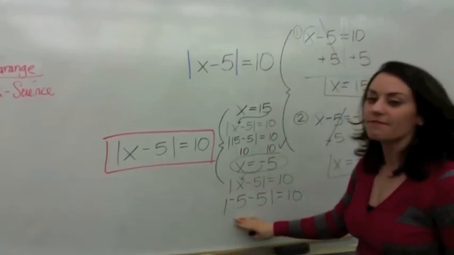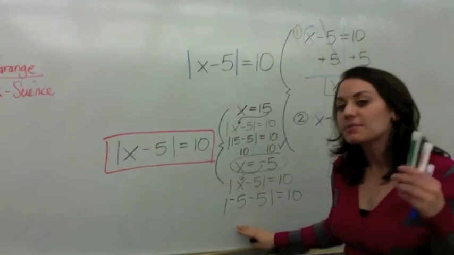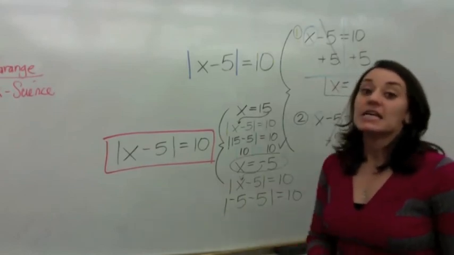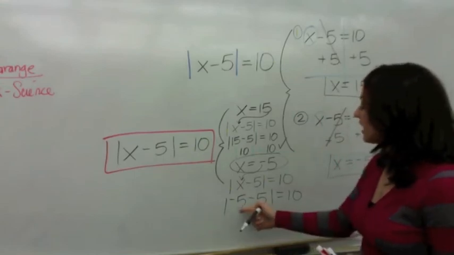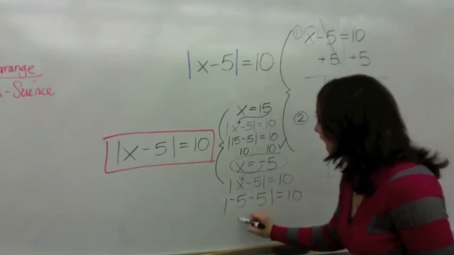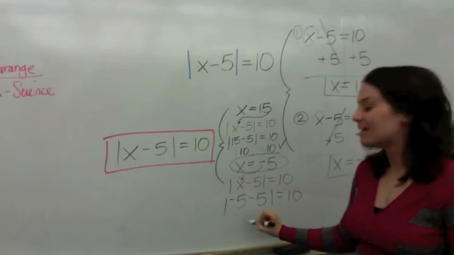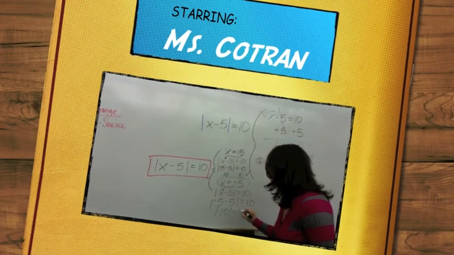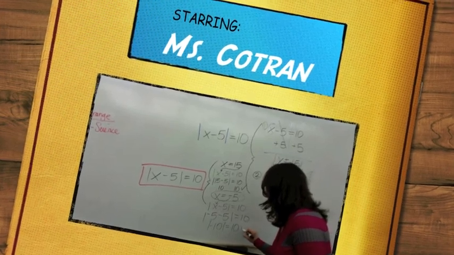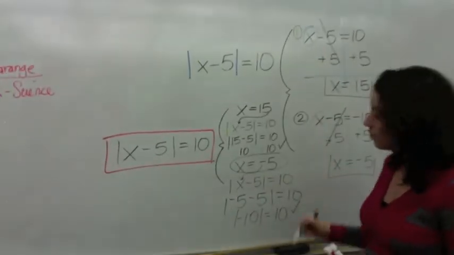Two negative 5s, so they have the same sign. So when we sing the song, we say, same signs, add and keep. Right? So negative 5 and negative 5, add them, that's 10, but keep the sign, so that's negative 10. The absolute value of negative 10 is 10. And you check it, that means that you are correct.